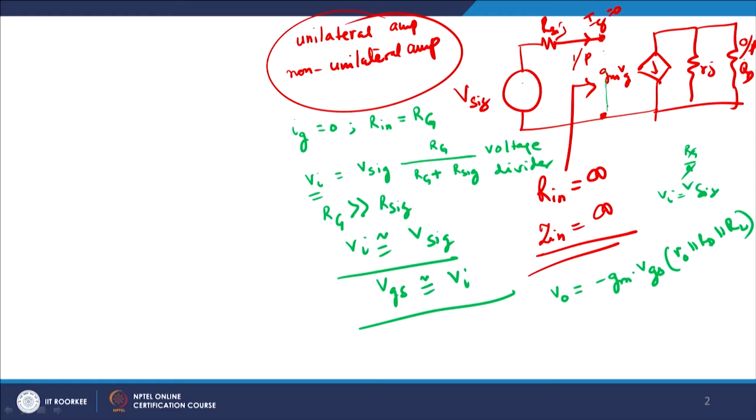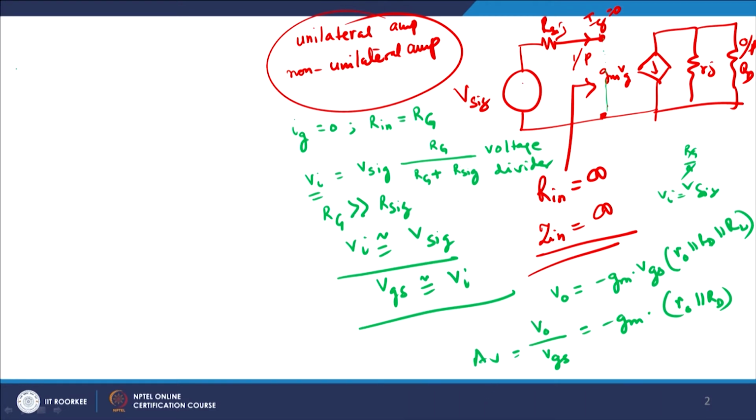RL is the load resistance, there must be some load resistance on the output side. So if you want to find out the gain, V0 by Vgs will be Gm times Ro parallel to Rd, assuming that the load resistance is very large as compared to both of them. This is nothing but AV, the voltage gain.